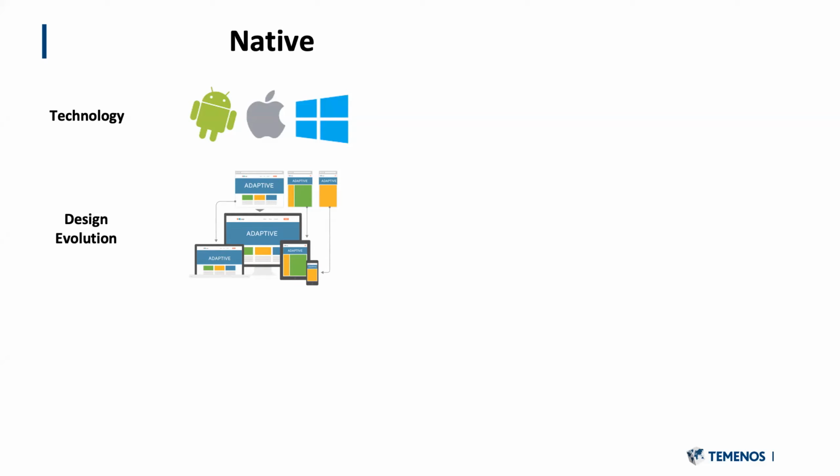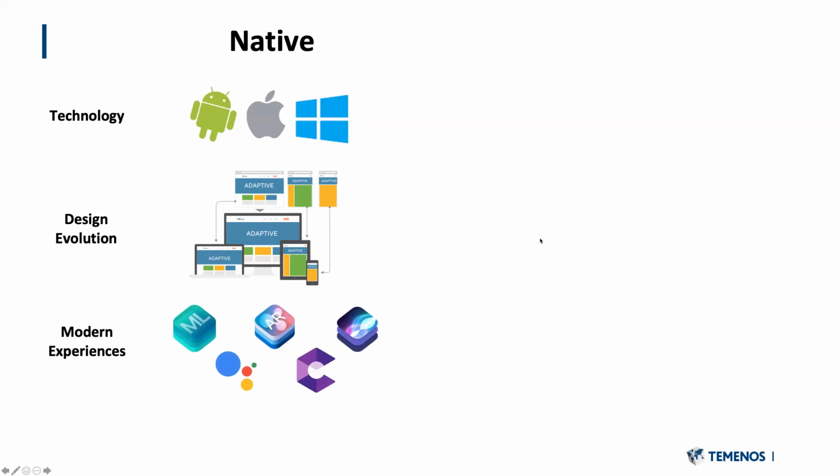The technology that we use supports all of these capabilities, and as we design, we have to keep that thinking in mind. In addition to that, these native applications support a whole suite of technologies underneath the hood, such as machine learning, augmented reality, and personal assistants like Siri, for example.